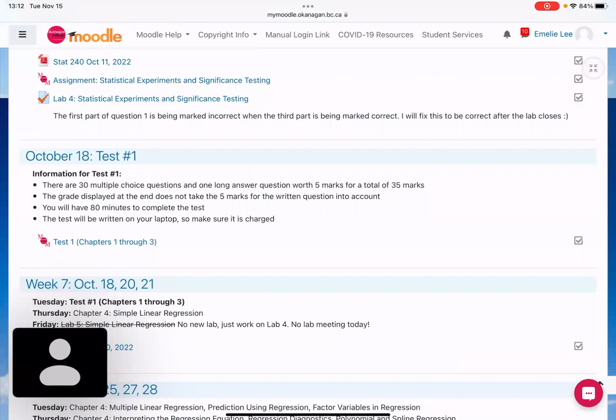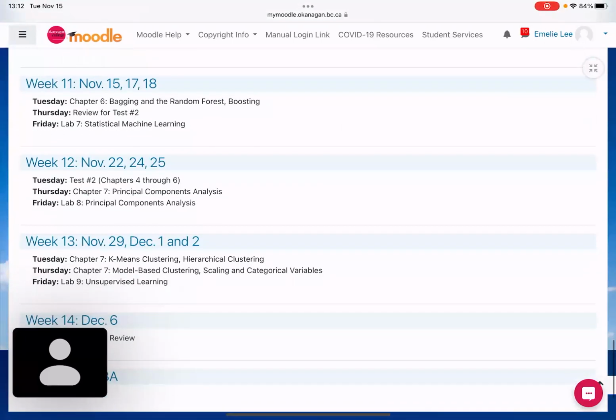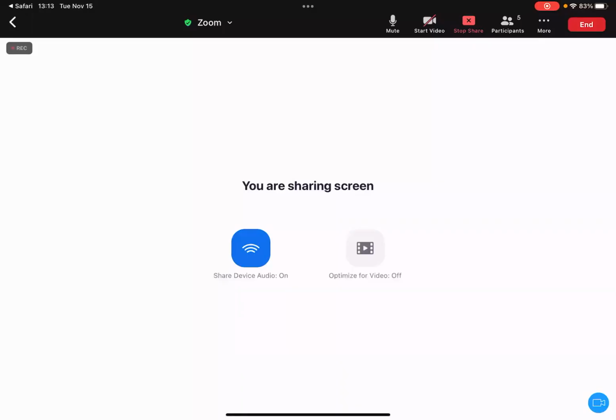Remember for test 1, I said there are 30 multiple choice questions. I'll do a summary like that and post it on our Moodle page once I've decided, because they're not just multiple choice anymore. There are going to be some long answer questions. So I don't want to do 30, although you guys were really fast, but I don't want to assume that.